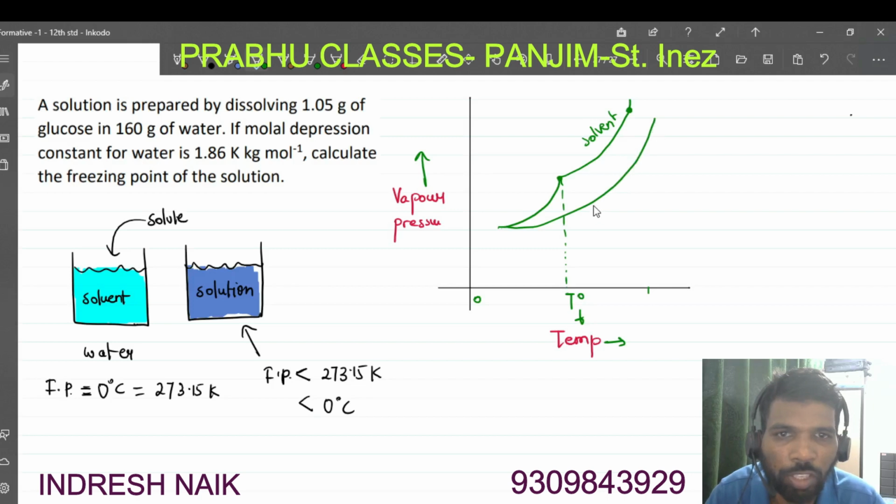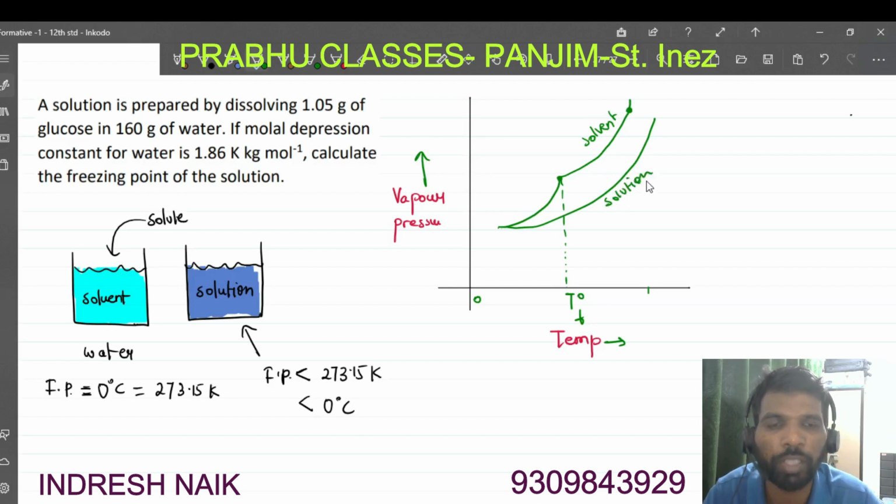After addition of the non-volatile solute, this has changed. Now you will not call it a solvent, you will call it a solution. This is the temperature at which the solution will freeze.